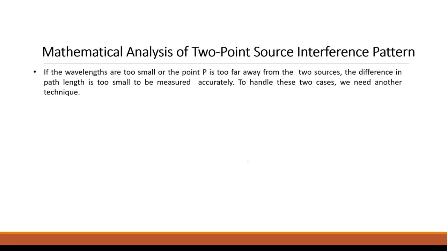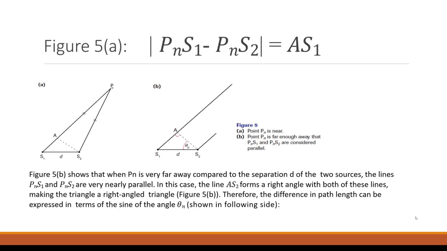But if the wavelengths are too small or the point P is too far away, the difference in the path length is too small to be measured accurately. So we need another technique if we're going to do it this way. In this example, if we have Pn here normally, and we move it so far away that Pn is way out here somewhere, the lines Pn S1 and Pn S2 are so far out that they are essentially parallel.